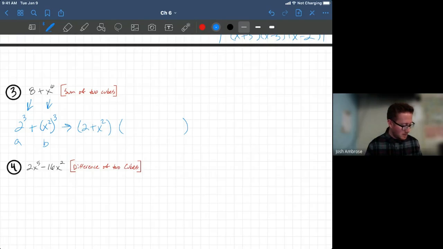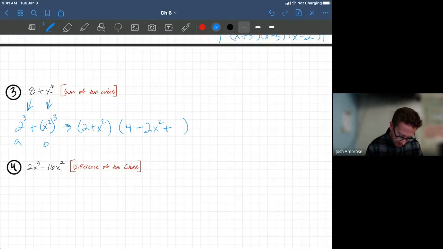Okay, so now the next thing we do is we have a and we square it. So 2 squared makes 4. Put a minus sign. Then they say take a and multiply it by b. And so now you're going to look at 2x squared. Then we have a plus sign. And then it says take b and square it.